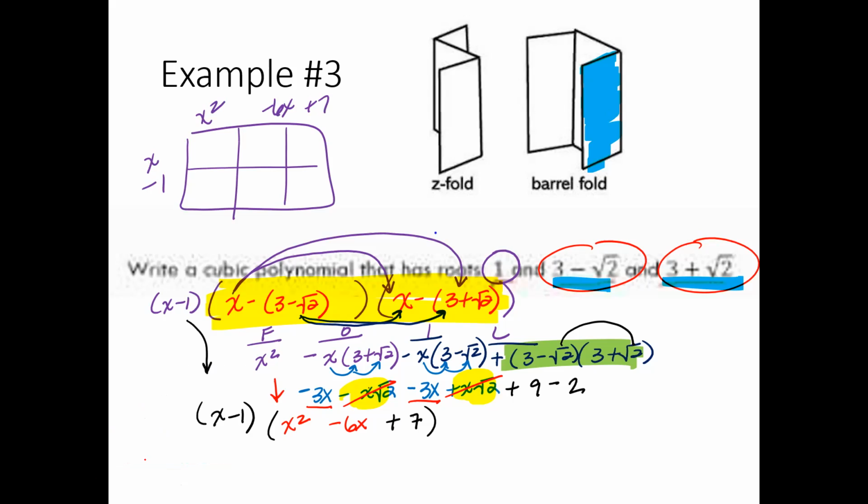Going across, x cubed minus 6x squared plus 7x. On the bottom, negative x squared plus 6x minus 7. And then we'll have you guys combine the like terms.